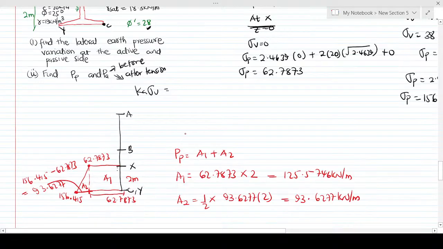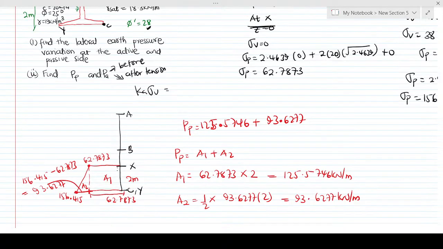And so the force PP, just add 125.5746 plus 93.6277. So our answer PP is going to be 219.203 kilonewton per meter.